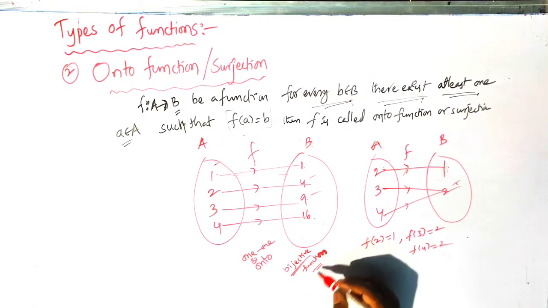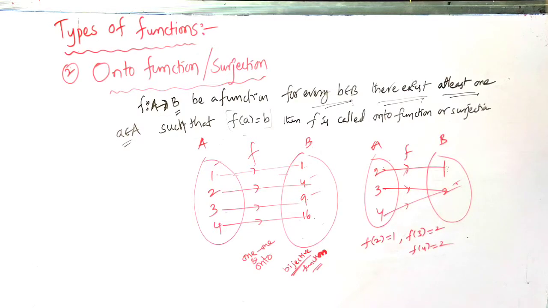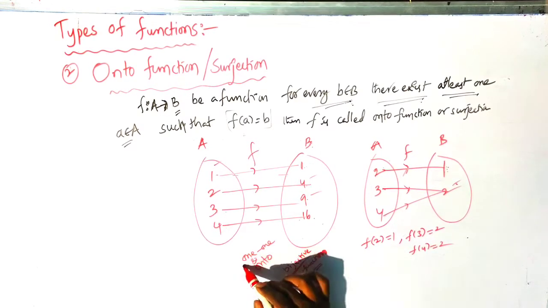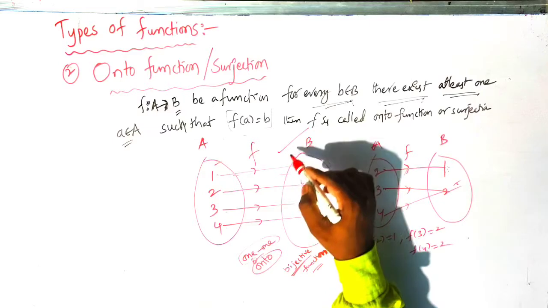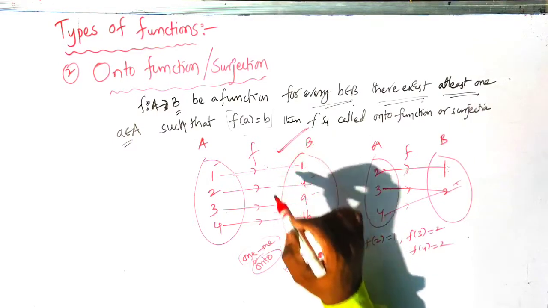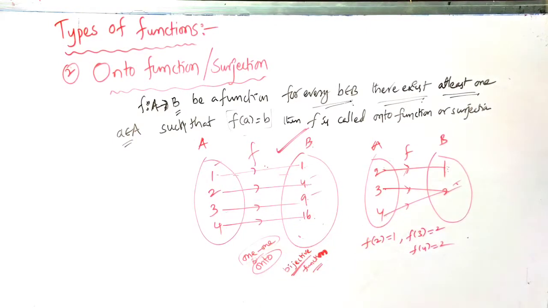Bijective function is nothing but f from A to B is bijective, then both 1-1 and onto functions are possible, then that function is called a bijective function. So this is 1-1 and onto, that's why this is called a bijection function.